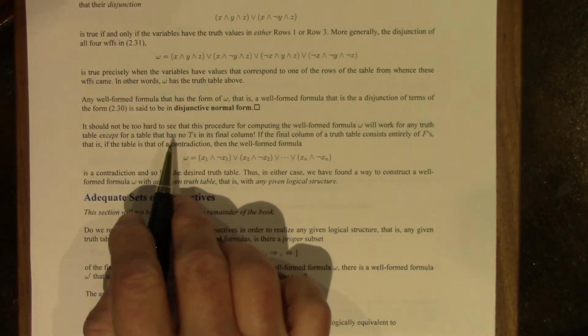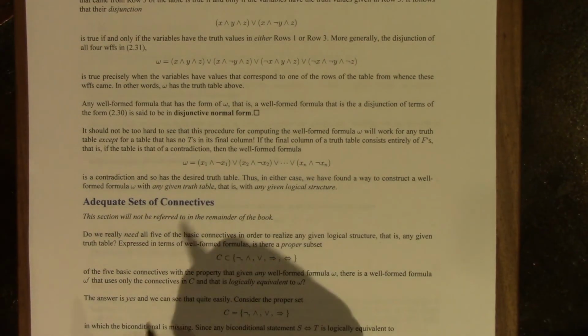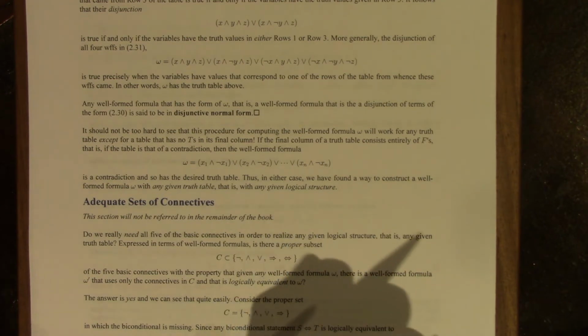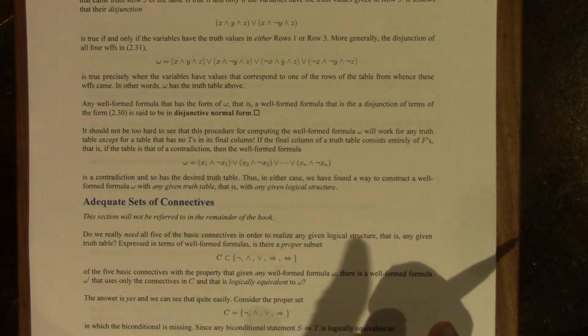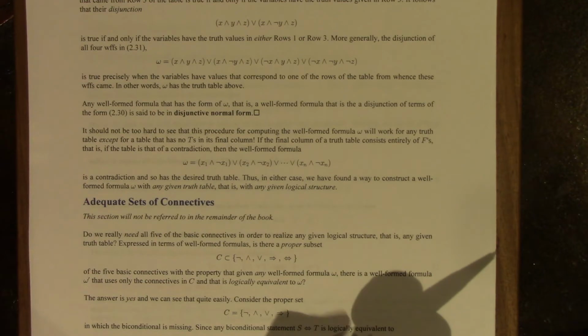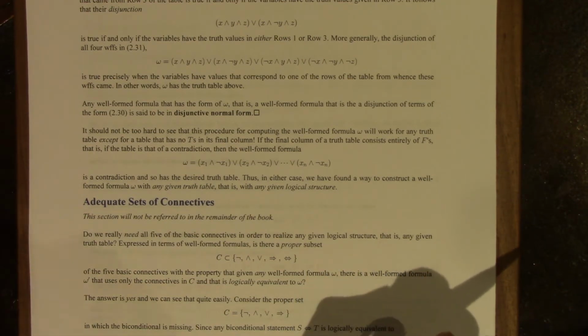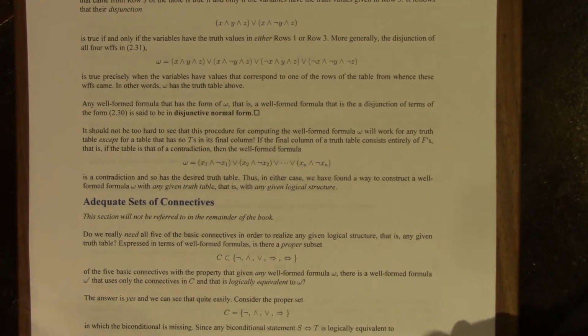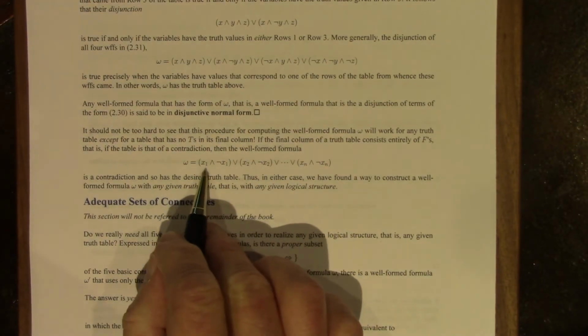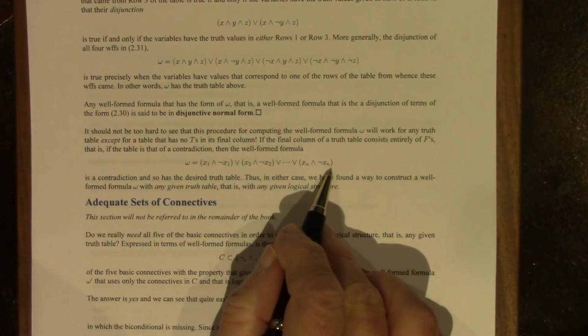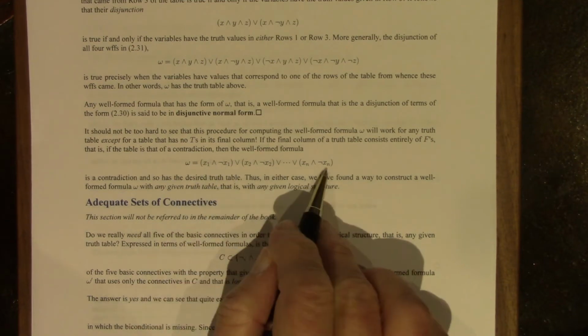It shouldn't be too difficult to see that this algorithm I just gave you will compute a well-formed formula that matches any truth table except one that has no T's in its final column. If it's all F's in the final column, then it's a contradiction. It's always false. But then a well-formed formula that looks like this is also a contradiction.